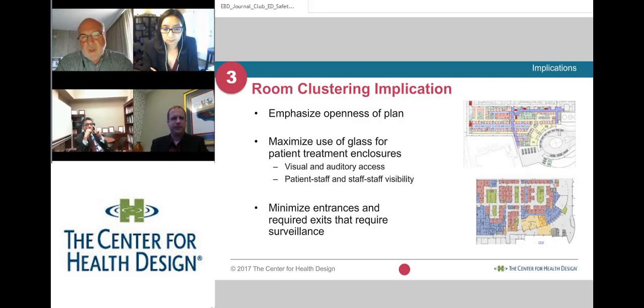So with respect to the room clustering, again, reemphasizing that we're looking at a macro scale here, not the micro scale. With respect to this particular topic, it has to do with what we as architects begin to recommend as to how to arrange the space. And our clients may have strong ideas about that.